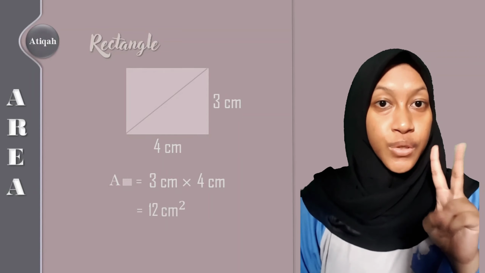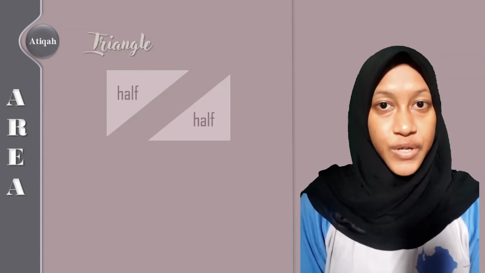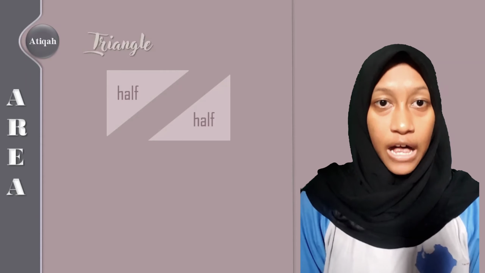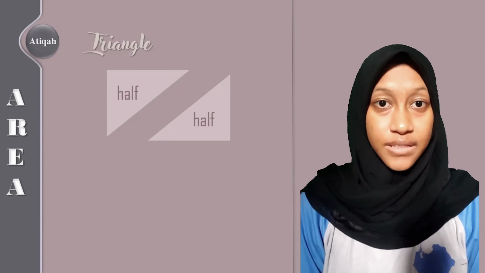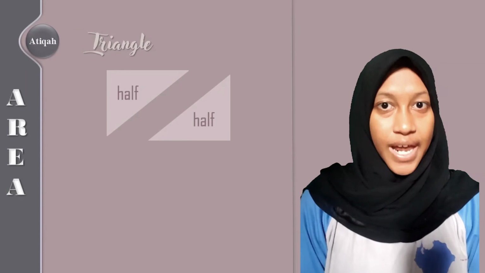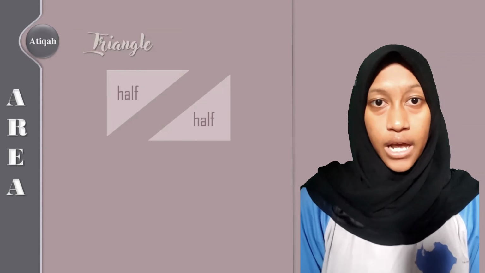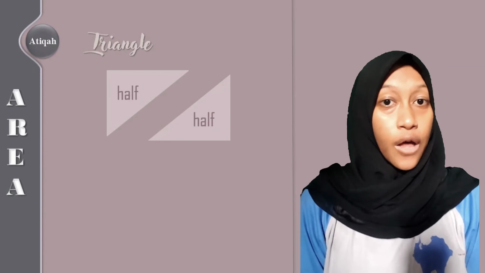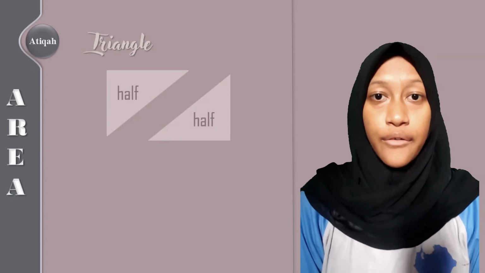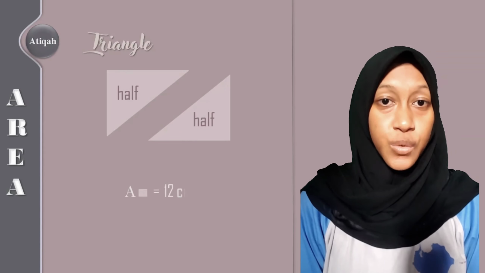It forms two triangles, and because each of these triangles is exactly half of the rectangle, that means that the area of either triangle must be exactly half of the area of the rectangle. We already calculated that the area of the entire rectangle is 12 centimeters squared.